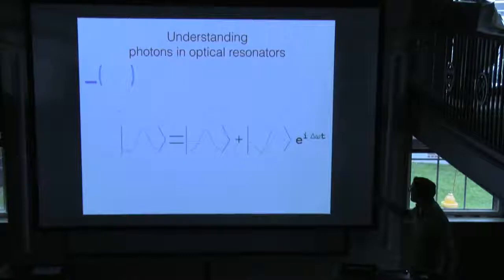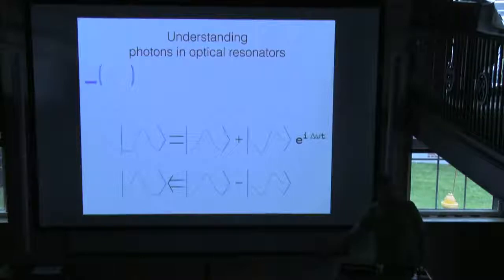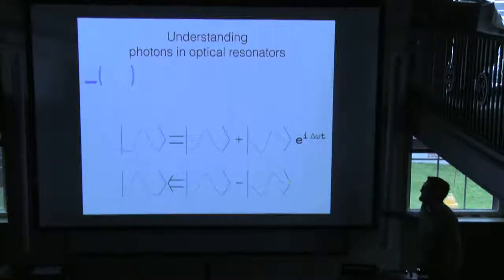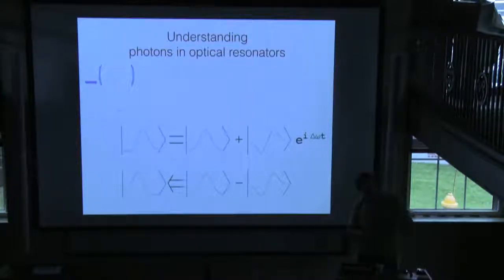Half a cycle later of that frequency difference, this plus sign becomes a minus sign, and now the photon is shifted off to the left of the cavity axis, right? So this, in some sense, is stuff that you know from quantum mechanics, right? And when I say it in this way, it's probably also obvious for cavity photons, but I think people often don't think of cavity photons in this way.